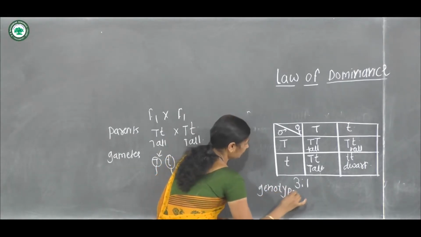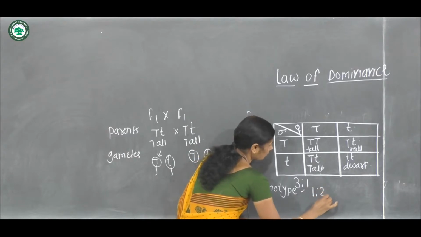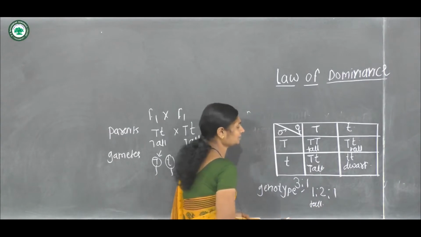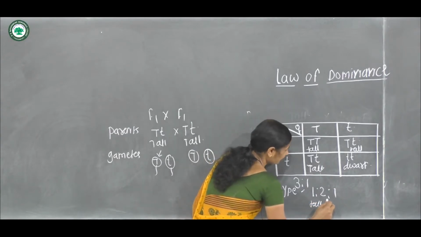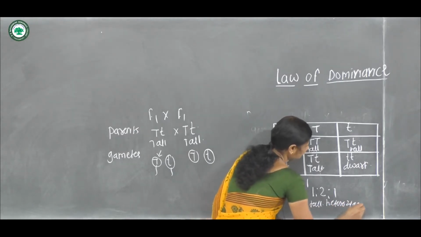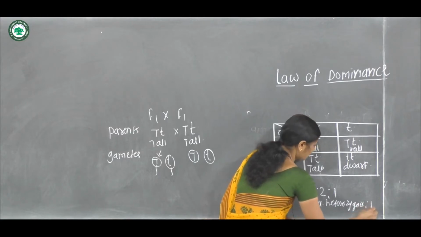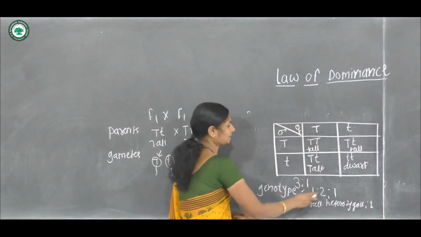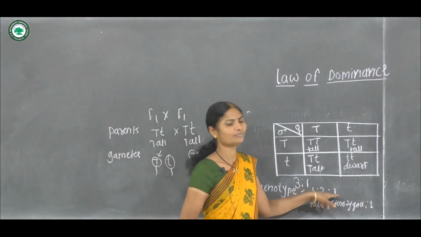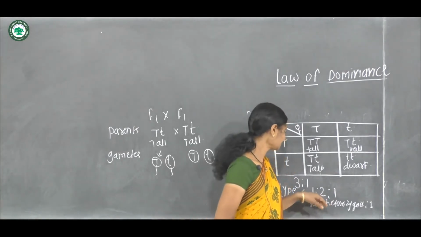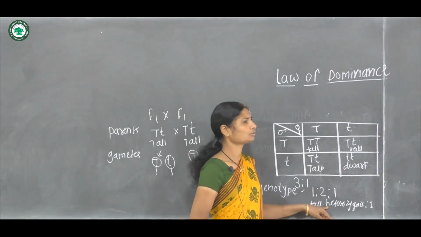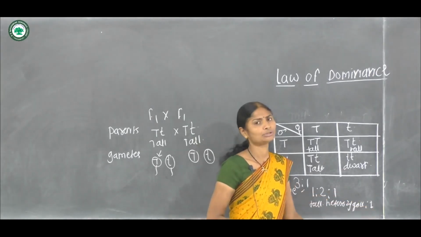The genotypic ratio is 1:2:1: one tall in the homozygous condition, two tall in the heterozygous condition, and one recessive in the homozygous condition. In this ratio, there is one homozygous tall plant, two heterozygous tall plants, and one recessive dwarf plant.